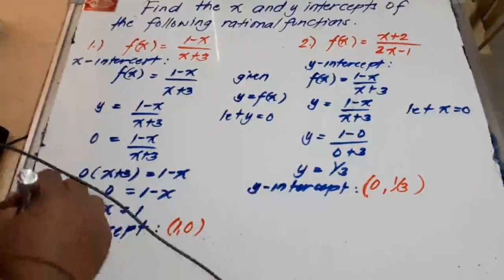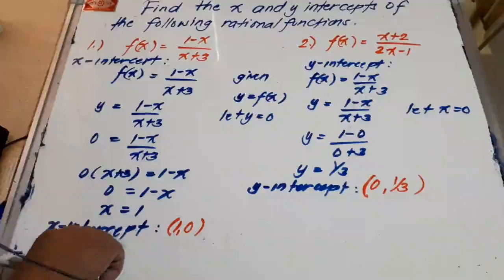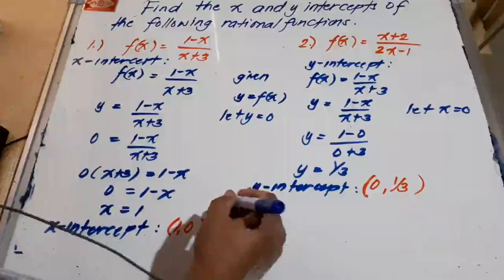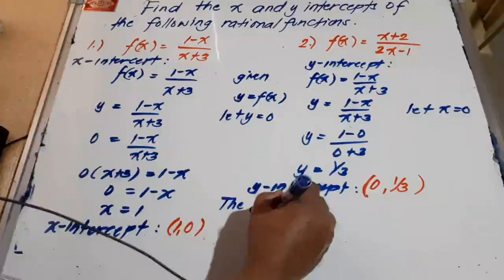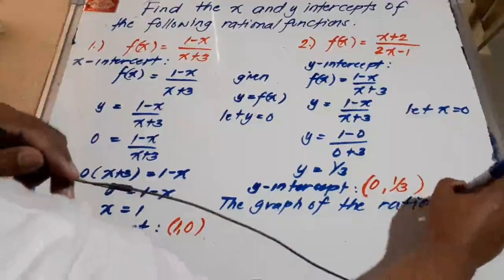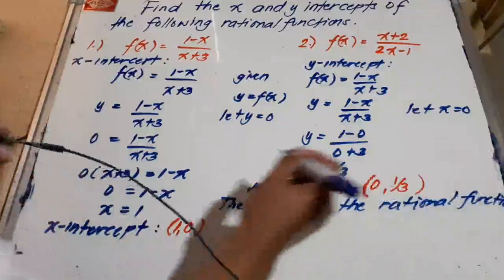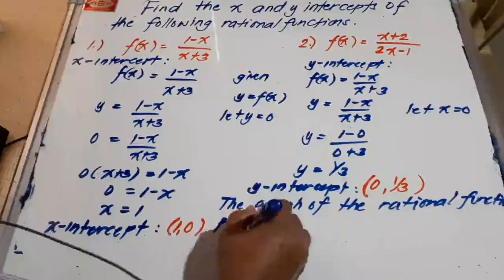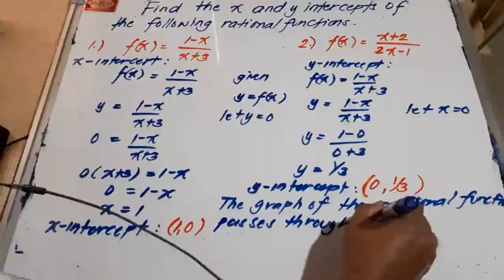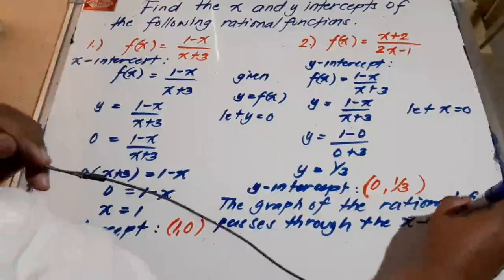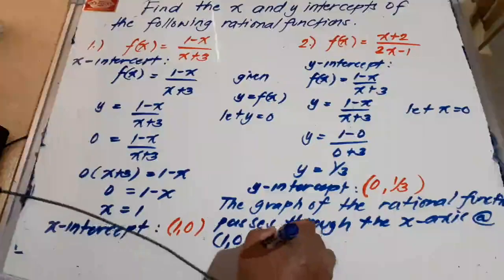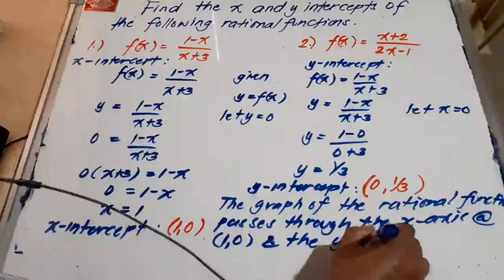Yan. So, ganun po ang pagkuha ng ating x and y intercepts of a rational function. So, ibig sabihin nito, the graph of the rational function passes through the x-axis at (1, 0), and tatama rin sa y-axis.